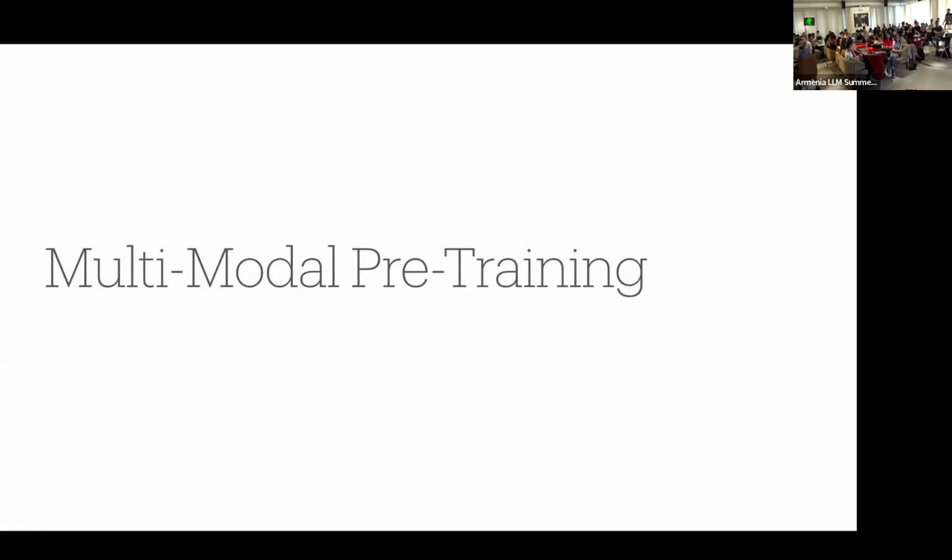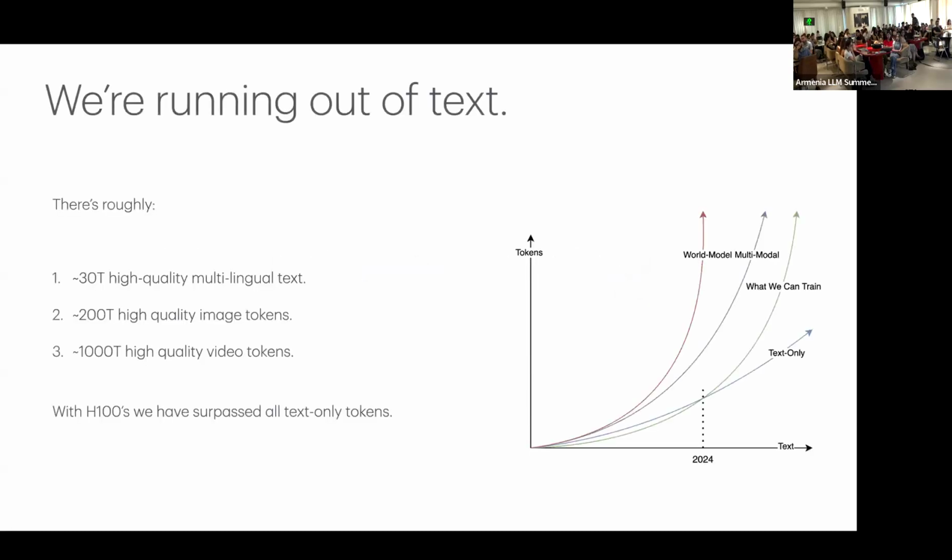Sounds good. Okay, so let's jump into multimodal pre-training, primarily starting from the motivation that I shared yesterday, which is that we are functionally running out of text, and one of the ways you can break this barrier is by training on very multimodal data.